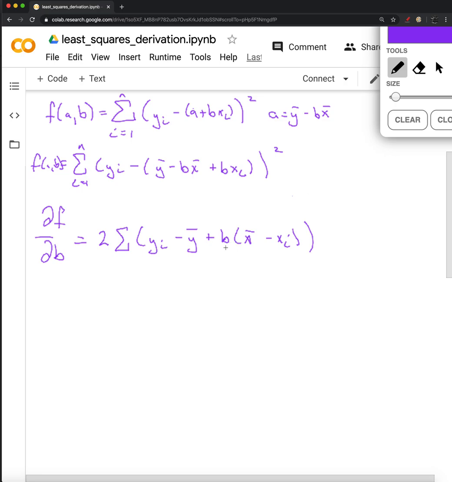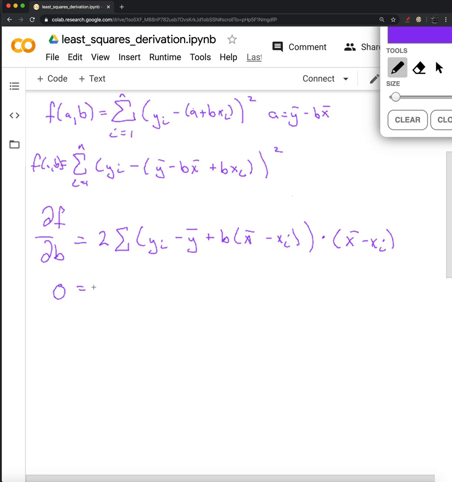But now we notice that if we take a derivative with respect to b of what's inside, which we have to because of the chain rule, all we're left with is just x bar minus xi. Because yi is a constant, y bar is a constant, the derivative of b is just 1 times x bar minus xi. And now we just want to set this equal to 0 and solve it.